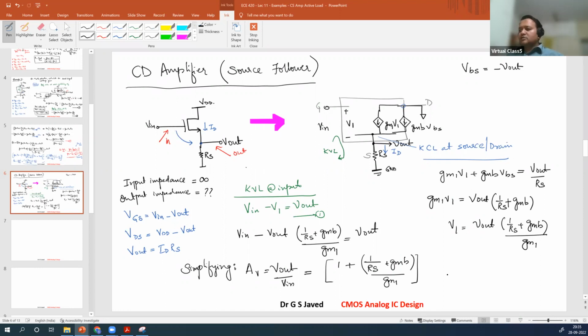Vin is on the other side. So what is this left over as? To take the LCM, 1 plus gmb RS over RS, whole over gm. So that will be gm1 RS.